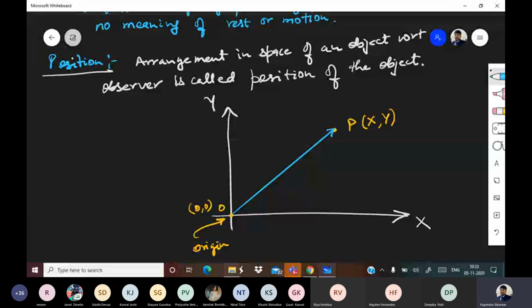So this is OP, which will be equal to the R vector.